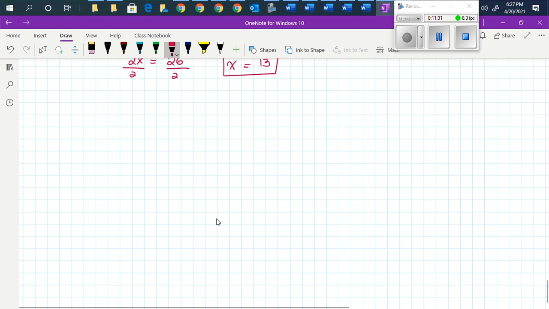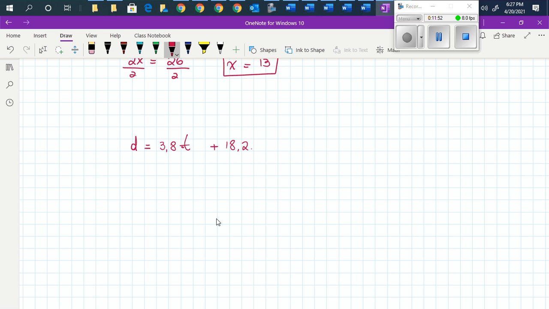Let's bring this into the context of a question. So let's suppose that we have the displacement equal to 3.8 times time plus 18.2.